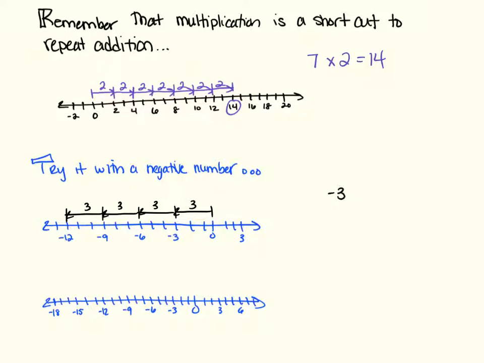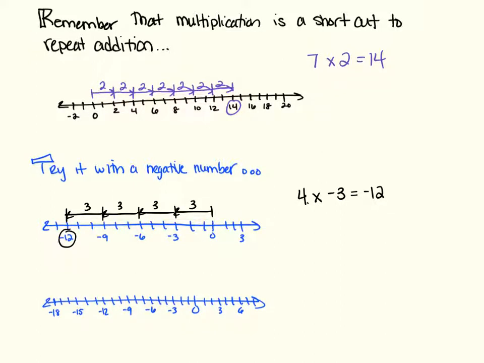So negative 3, whatever we do to negative 3, it's going to equal negative 12. And then how many groups did we form? 4. So 4 times negative 3 equals negative 12. So 4 groups of negative 3 equals negative 12.